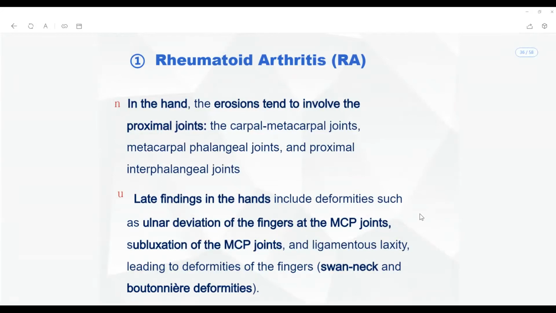Then there will be ligamentous laxity, which is going to form two kinds of deformities, called the swan neck and boutonniere's deformity.